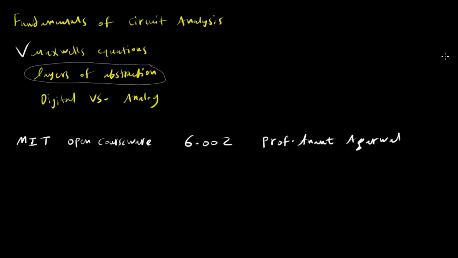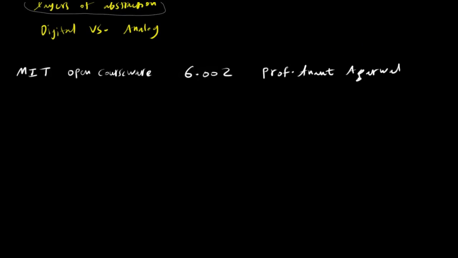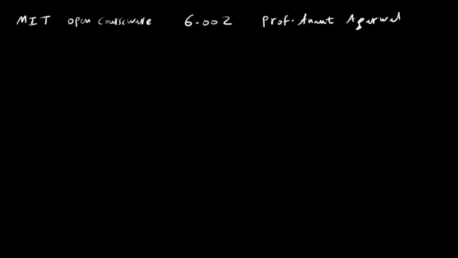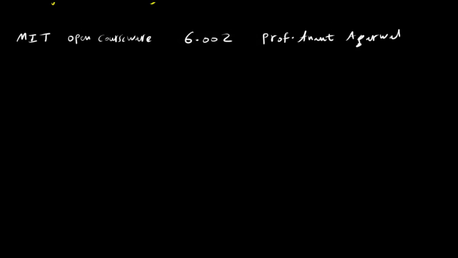So let's first begin by talking about these layers of abstraction. I'm going to borrow some of the ideas that this professor from MIT OpenCourseWare 6.002 has online, which I think is very useful, and he said it very well, so I'm going to use it here.